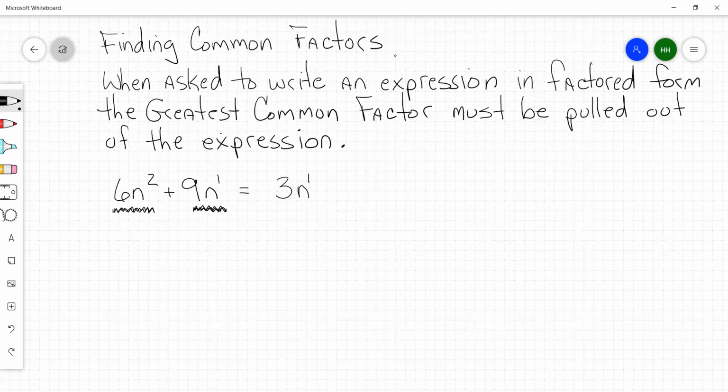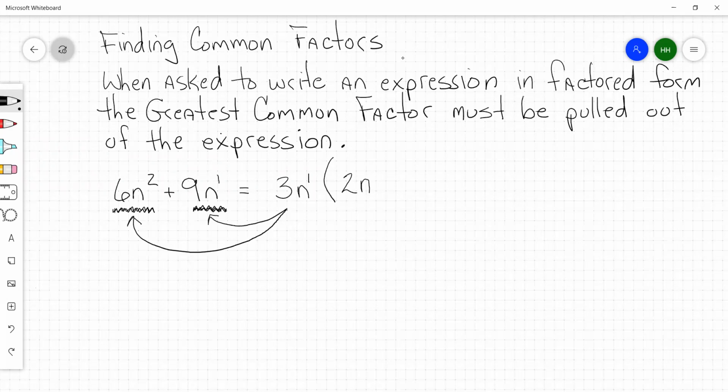So now, the next step, parentheses, is to take this 3n, all right? And in order to determine what goes inside the parentheses, you take the 3n and you divide it back into 6n squared, and then you divide it into 9n. So step by step here, 3 goes into 6 two times. And n to the first goes into n squared, n times.